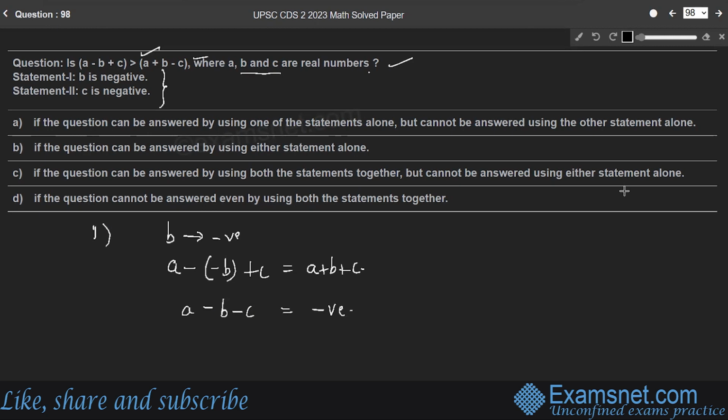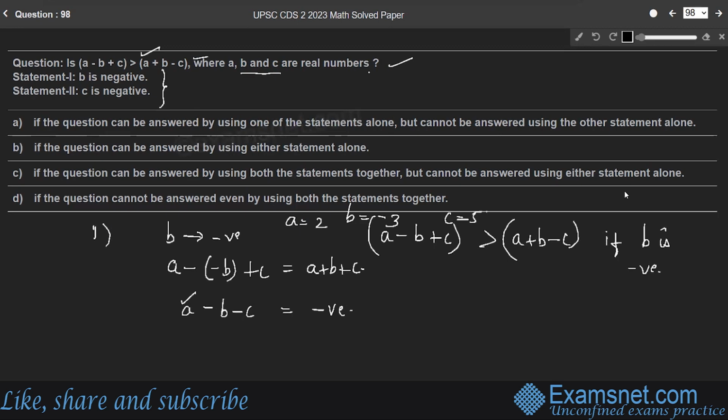If A is the greatest number and B and C are the smallest numbers, then you may get a positive value. But obviously the first expression, A minus B plus C, will be greater than A plus B minus C if B is negative. So you can take the values of A, B, C, for example, A as 2, B as a negative number, minus 3, C as 5, right?